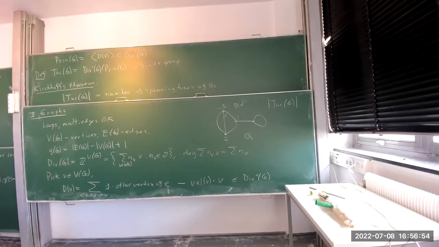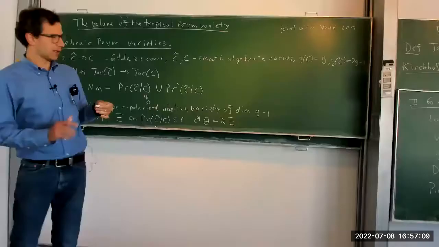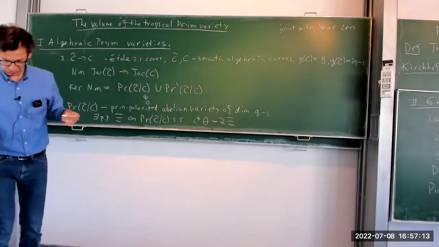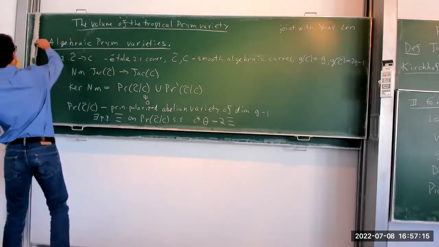So now what I want to do is define the Prym, well, not variety, this will be the Prym group of a double cover of graphs. How does this work?